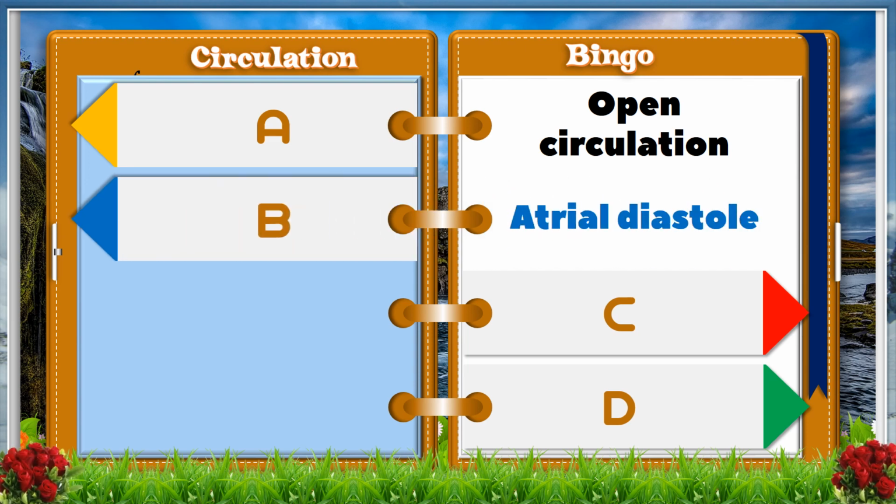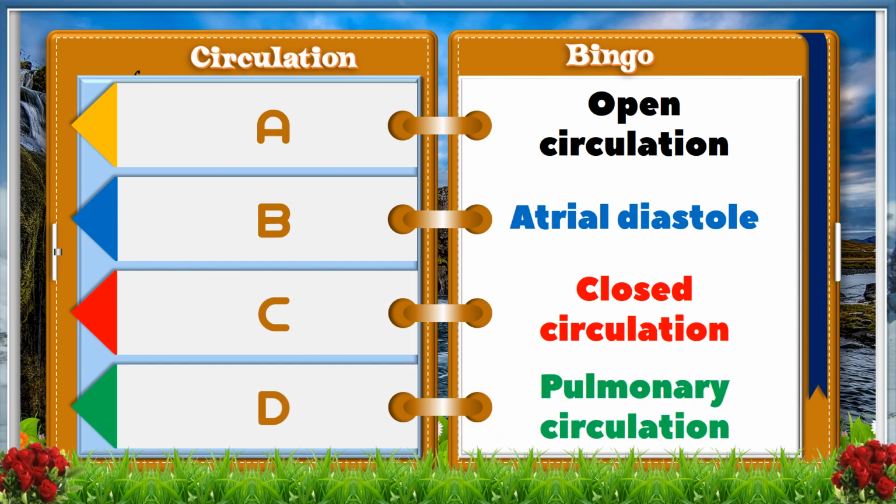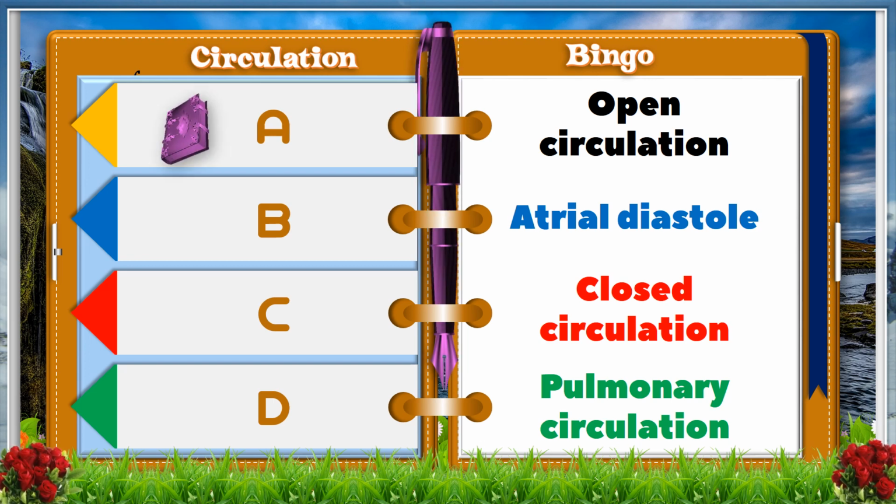B. Arteriodiastole. C. Closed circulation. D. Pulmonary circulation. And the answer is A. Open circulation.